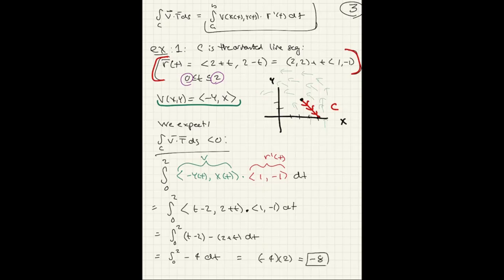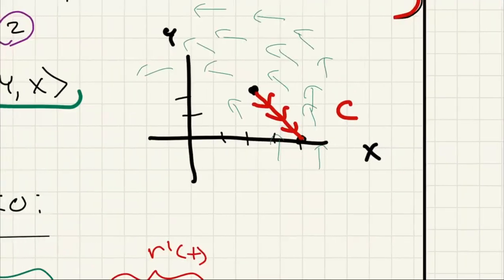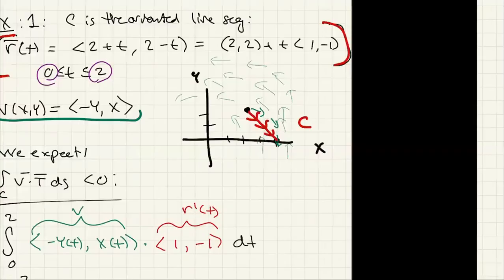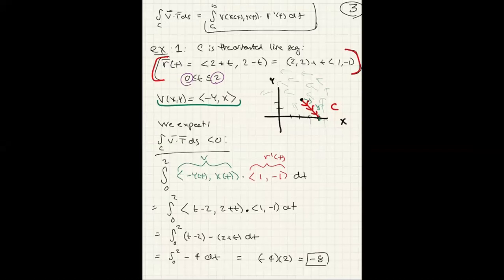So good. We did get a negative number. We expected negatives because, as I zoom in on the picture, the red is fighting the green. Yes. All right.